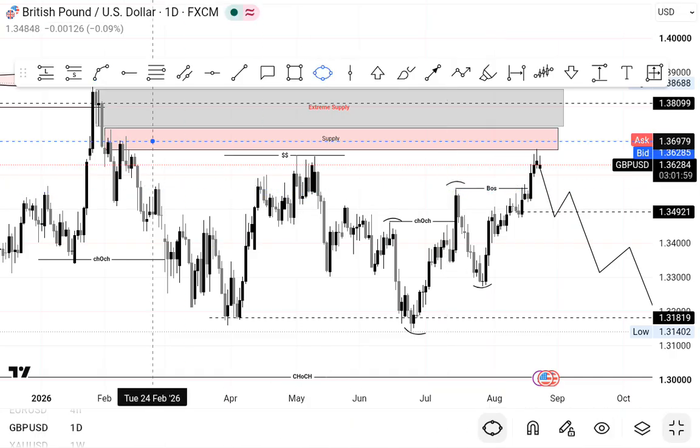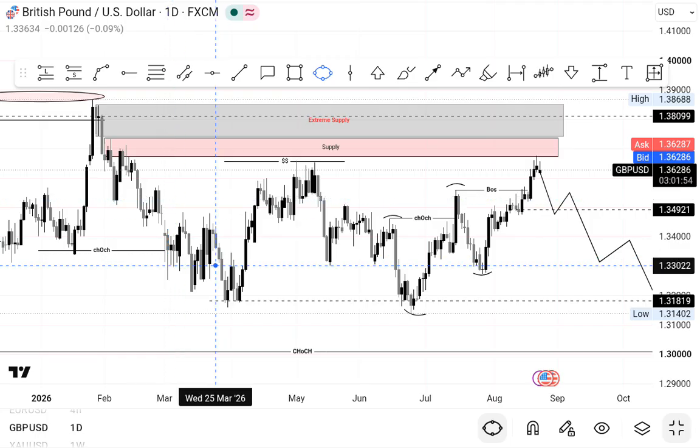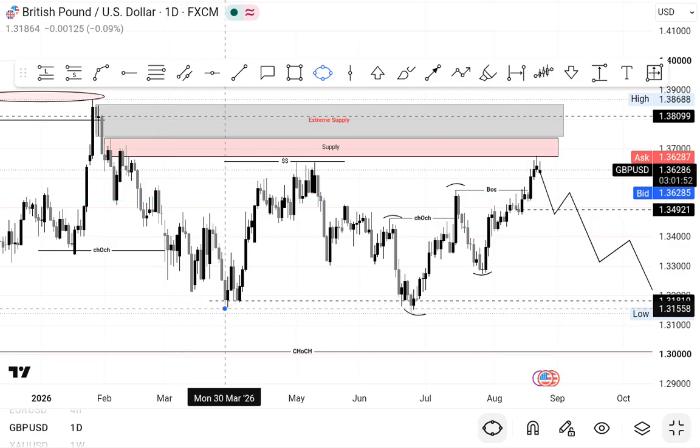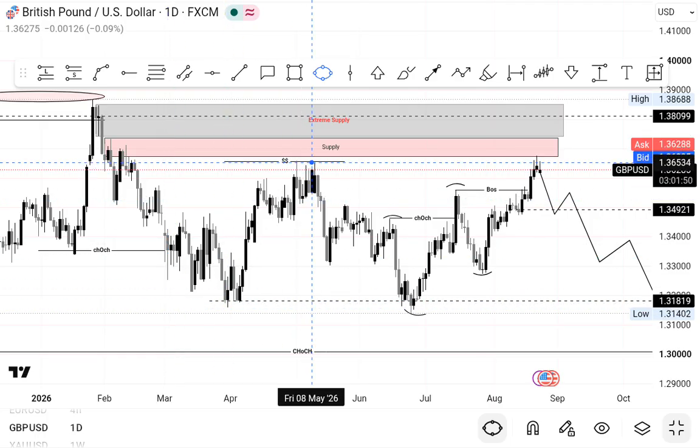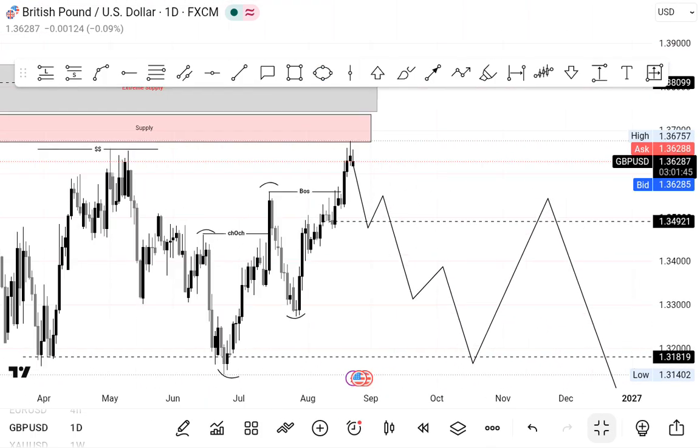Because break from where? If you look at this, from this leg here, we then generated this, we then generated this, then we are maintaining this current one here.